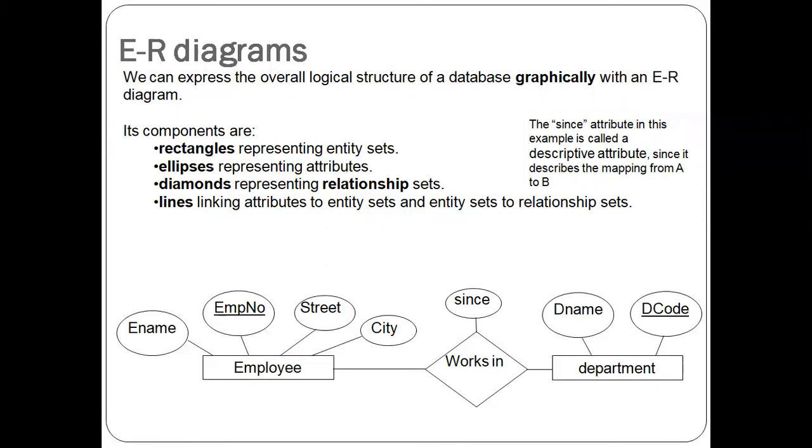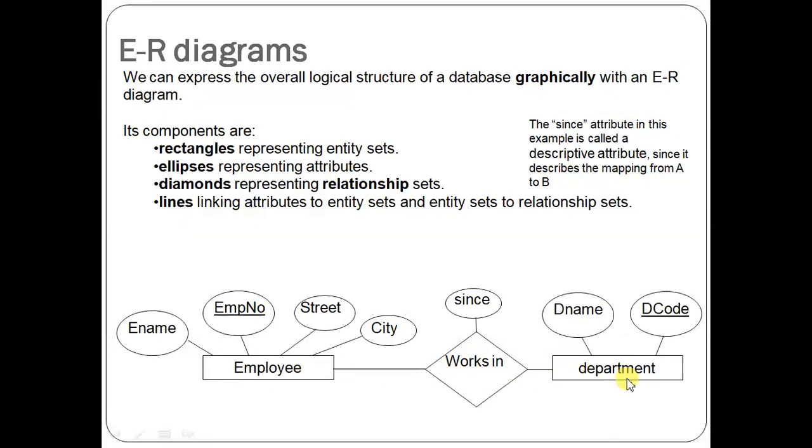Okay, so after going through this, say for a dummy department, we have come to know that there is a department, and in the department there are a number of employees. After going through the requirements, we came to know that e-name, e-number, street, city will be the employee attributes, and D name, D code the attributes of department. And what is the relationship?